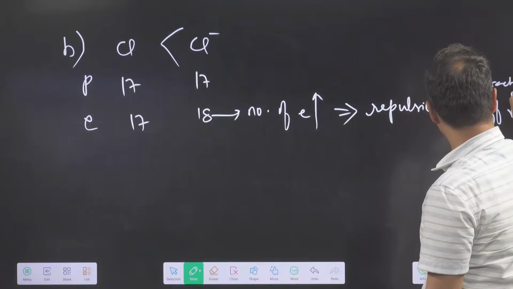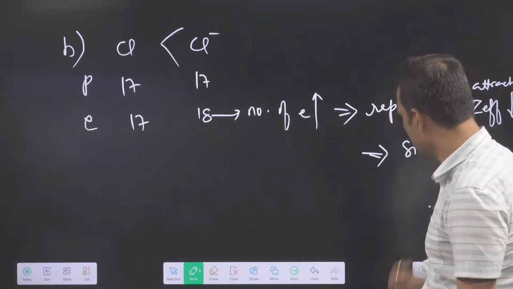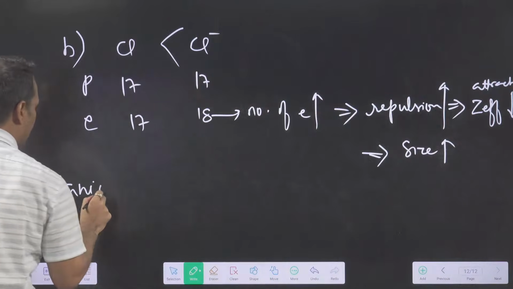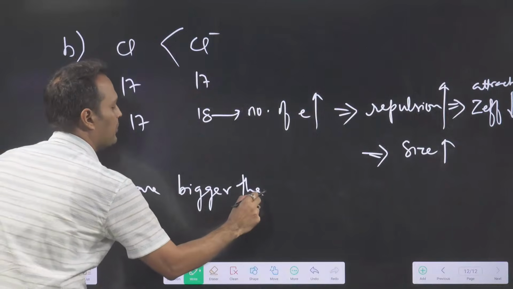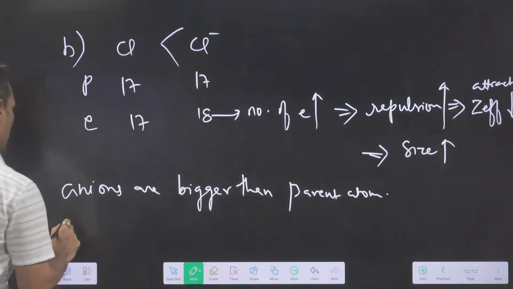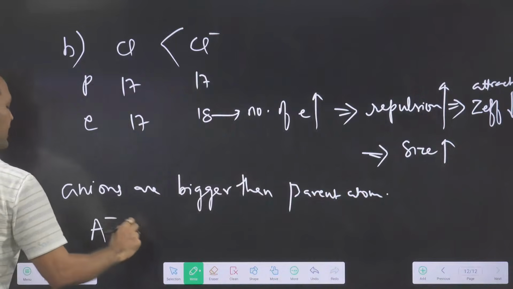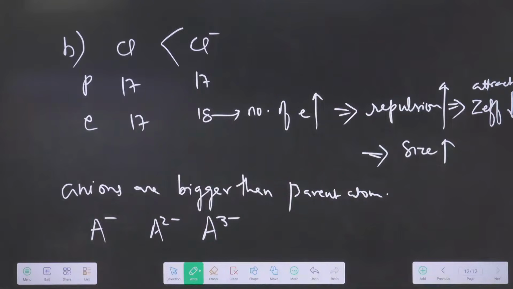Attraction decreases. That implies repulsion more, size more. So what you can conclude is that anions are bigger than parent atom. You can also say that as negative charge increases, Al minus, Al 2 minus, Al 3 minus, who is biggest? Tell me, who is biggest? Al 3 minus.